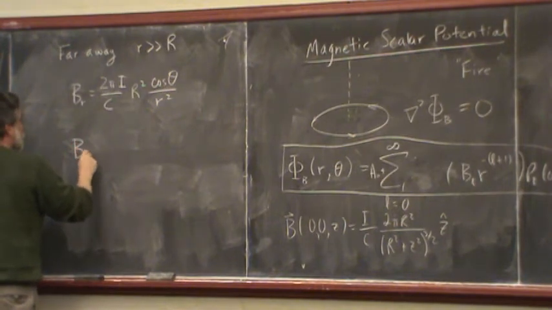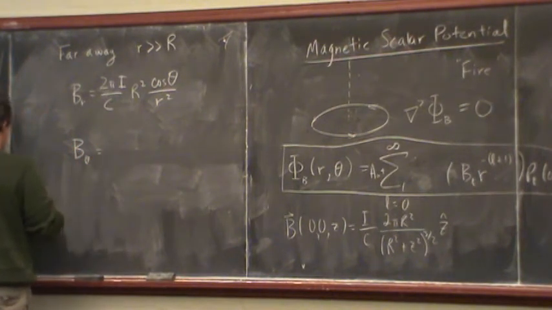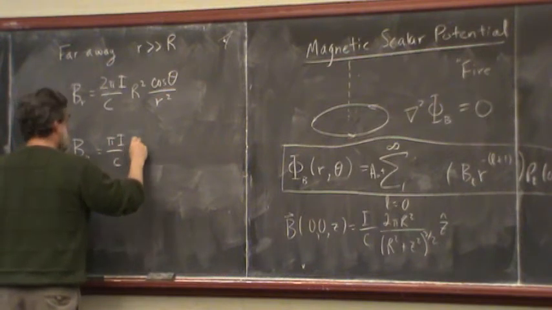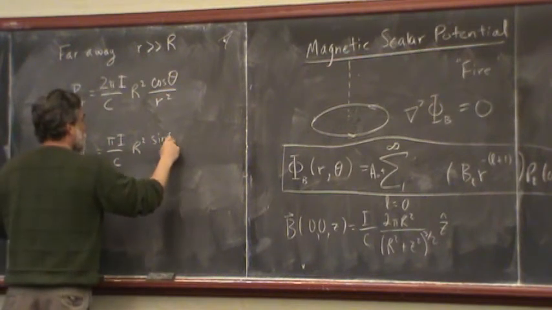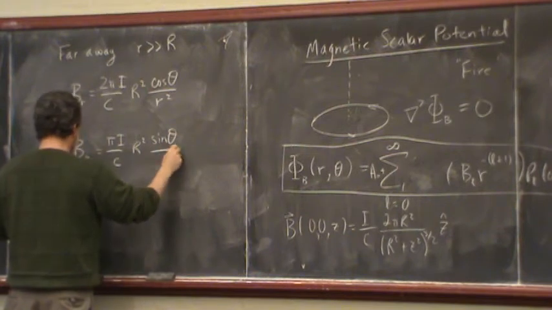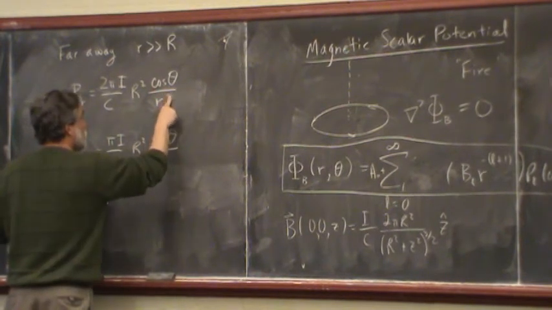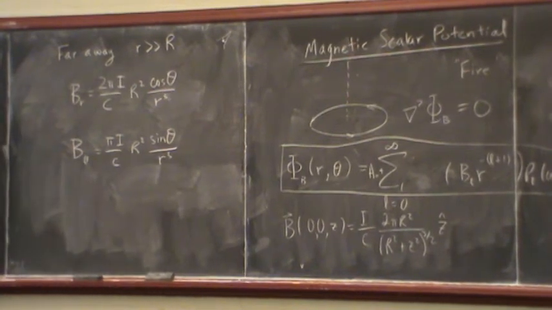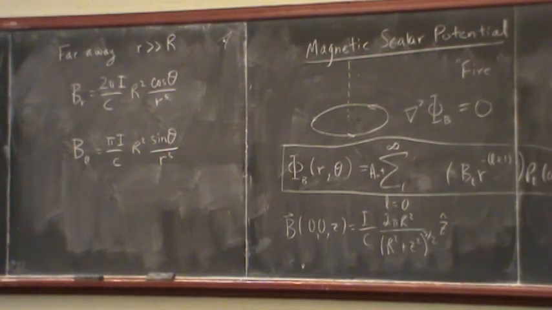And the magnetic field that points in the angular direction is pi I over c r squared sine theta over r cubed. Oops, I screwed up here. R cubed. The potential goes as 1 over r squared. The field goes like that, right?